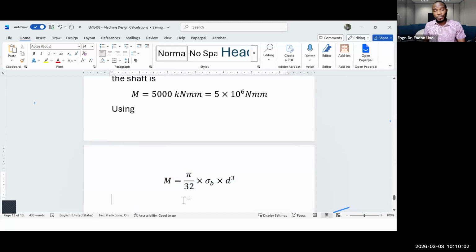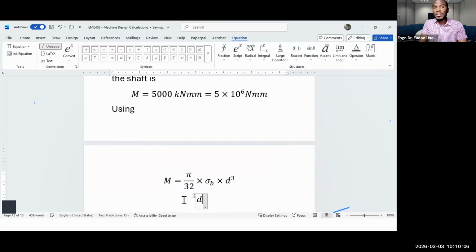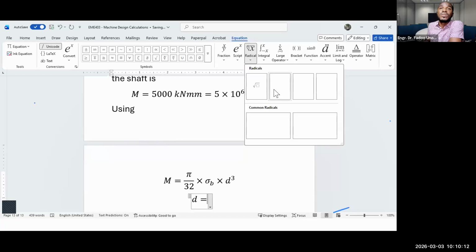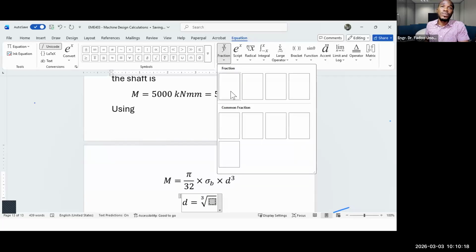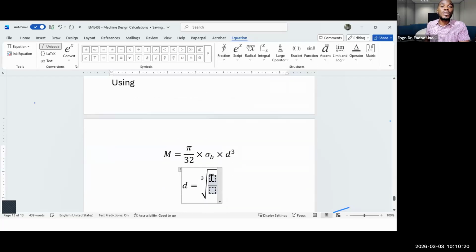Using that equation, we can say that our D is the cube root of two things.